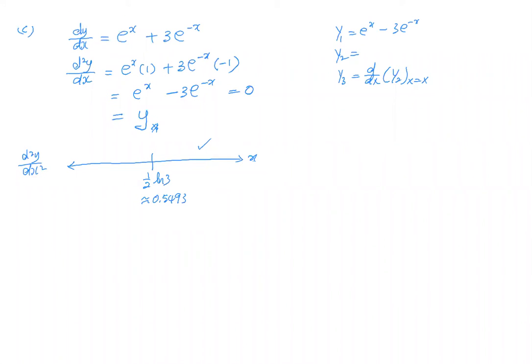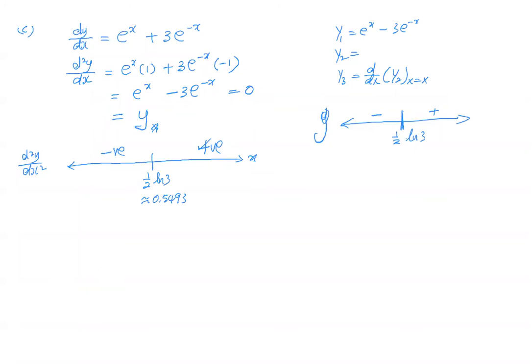Positive. Okay, positive. So this one is negative. So your y sign diagram is exactly the same as your d2y over dx squared sign diagram, correct? Negative, positive, with half ln 3 in between.